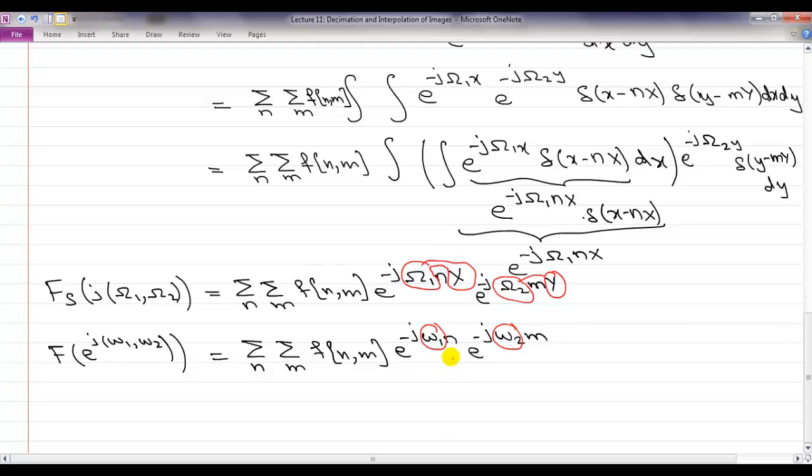Which is exactly analogous to the 1D case we saw, where the only thing that happens is effectively a scaling of your frequency axis. Now you have scaling of your frequency axis for both the frequencies. Now you have two frequencies, both of them are being scaled.